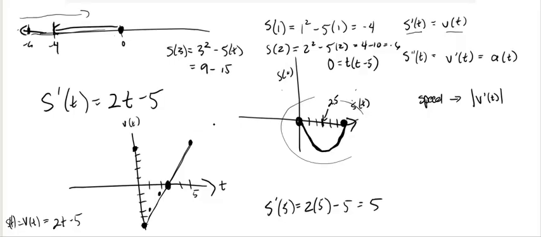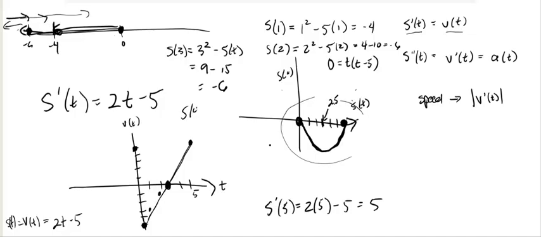That's 9 minus 15, which is negative 6. That's weird, right? After 1 second it went here, after 2 seconds it went here, and after 3 seconds it's back here. But that means it probably went back and then starts coming this way.